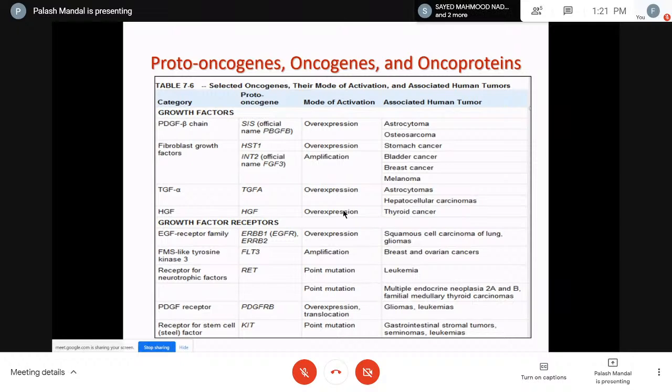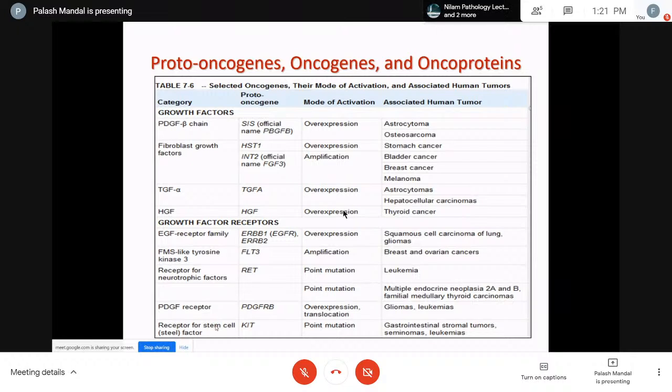FGF, that is fibroblast growth factor, leads to development of stomach cancer. These are examples. Multiple mutations have to happen for a cancer to develop, and not one gene; there are multiple genes involved.